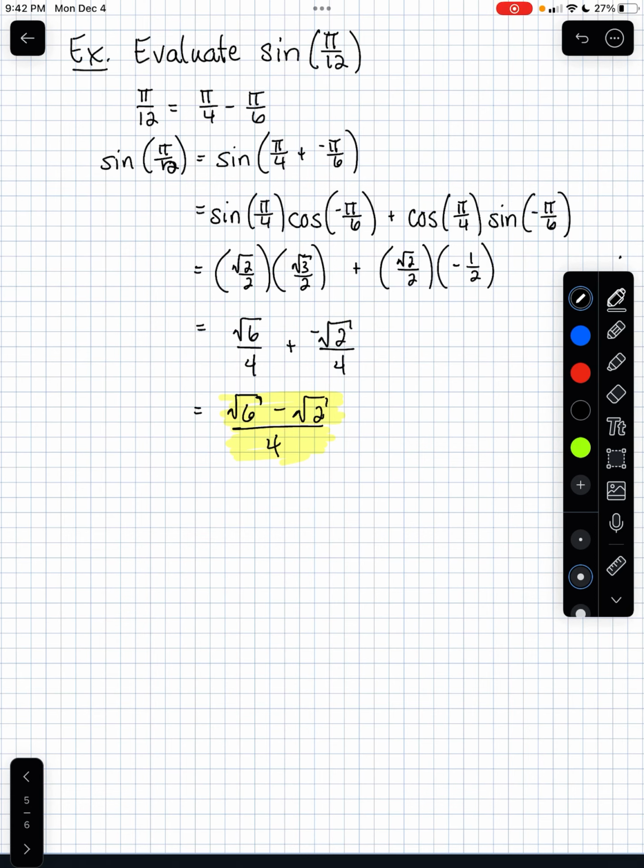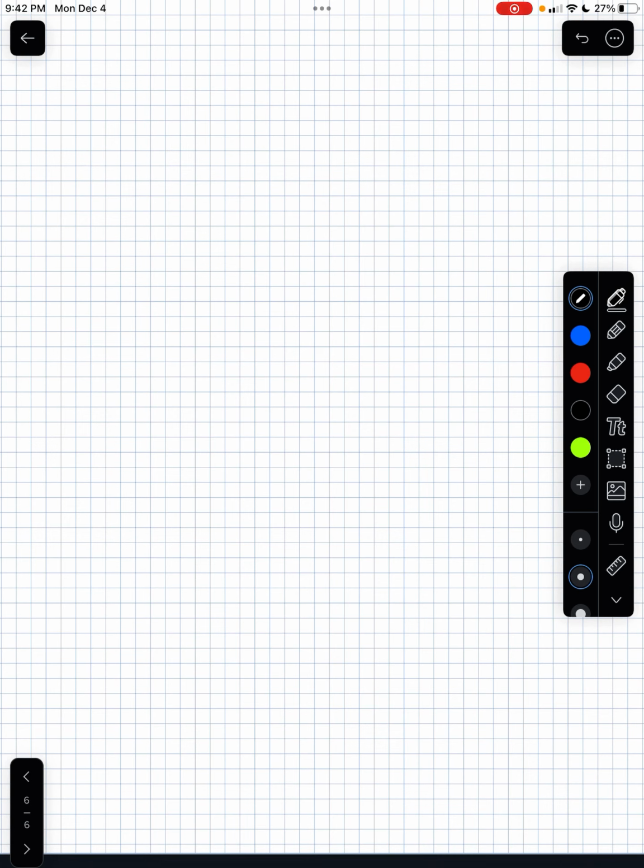Let's try an example with cosine. We'll use a different angle this time. We're going to do a cosine of 7 pi over 12.